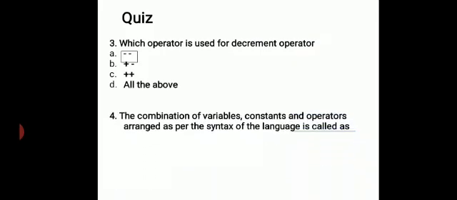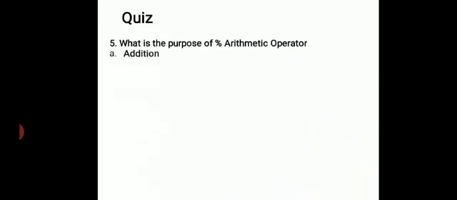Fourth question: the combination of variables, constants and operators arranged as per the syntax of the language is called a constant, variable, looping, or expression? Expression is correct. Fifth question: what is the purpose of the percentage arithmetic operator?